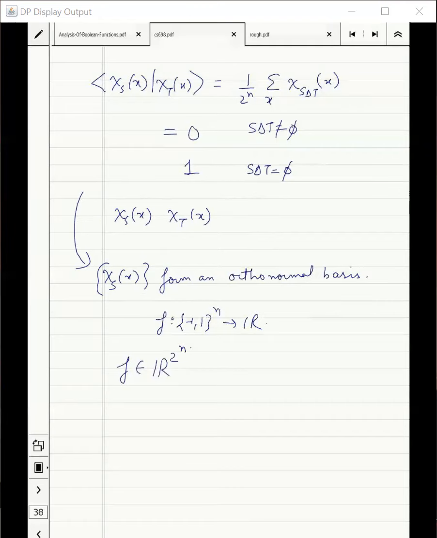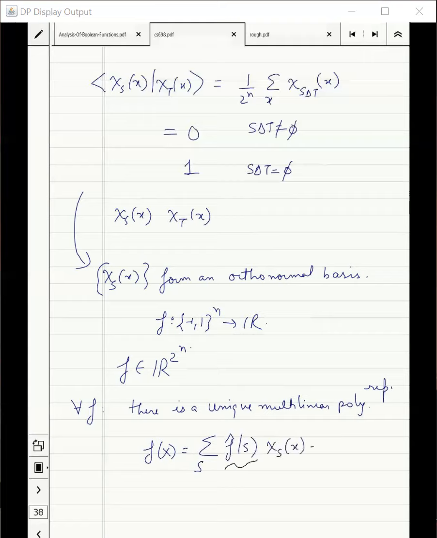For every f, there is a unique multilinear polynomial. How do we write it? We write f(x) as summation over S of f hat of S times chi sx. These are called the Fourier coefficients, and this is the partial parity on set S.